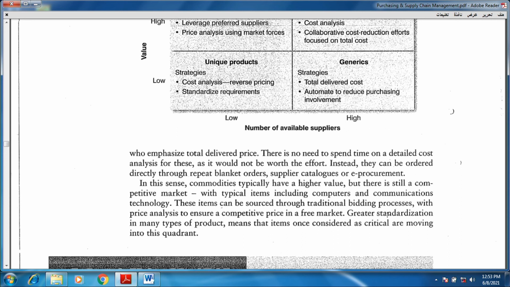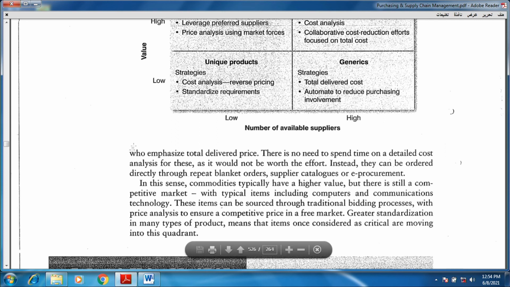Each group talks about: are they valuable for the organization? Do we have plenty of suppliers? So this is group number A that needs higher attention from us. And you can move step by step when you are concentrating on the value of the products and the availability of them by the suppliers.